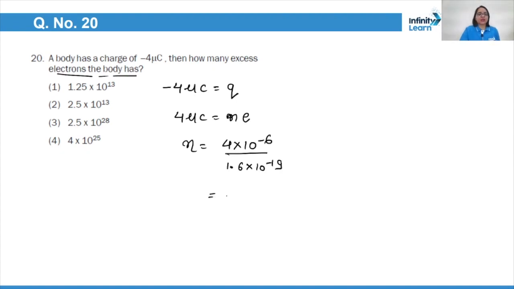So you can write it as 1 by 4 into 10 power 13. So this is 10 power 14 divided by 4, which is 0.25. So 2.5 into 10 power 13 is the number of excess electrons on the body, which is option 2.